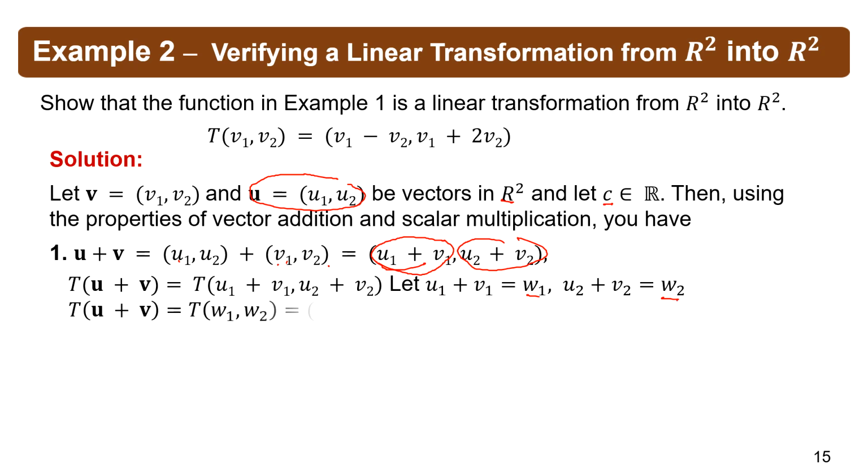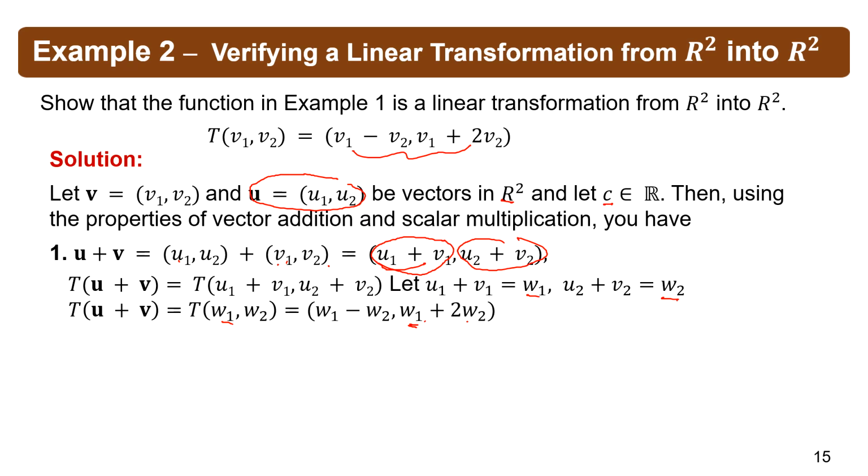So that becomes now T(w1, w2). Following that rule, first component minus the second component, so w1 minus w2. And then for the second component of the image, it should be the first component, w1, plus twice the second component.